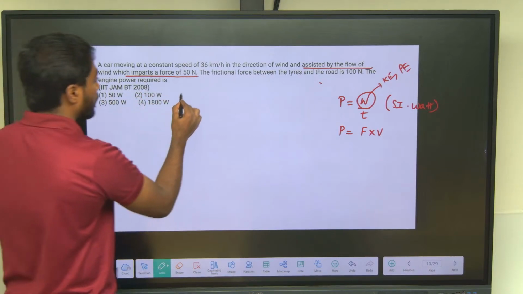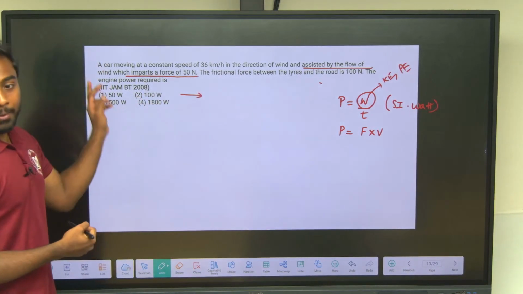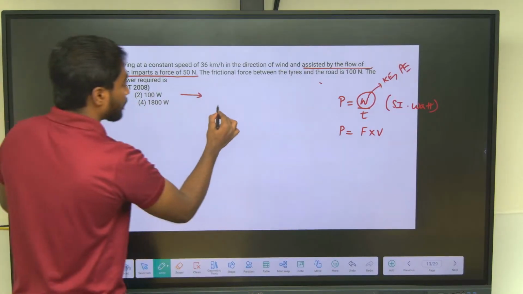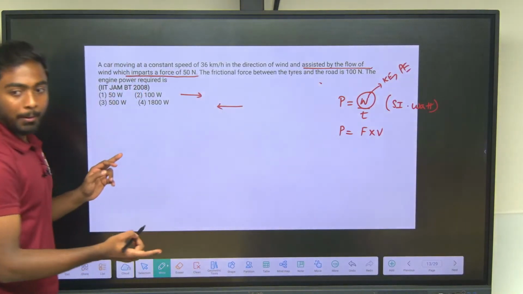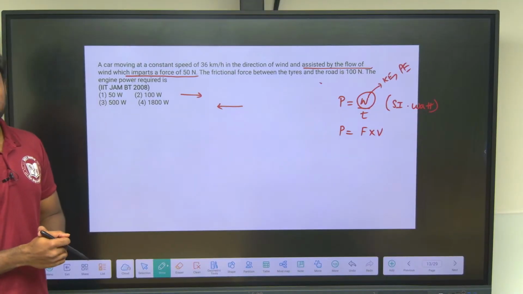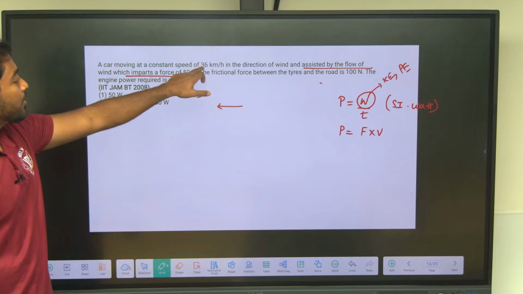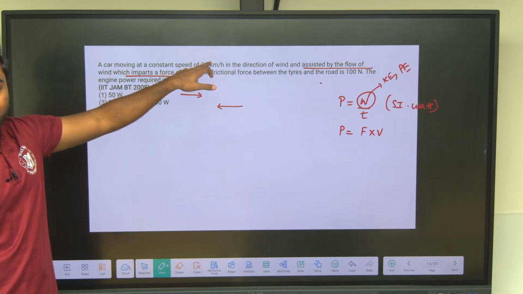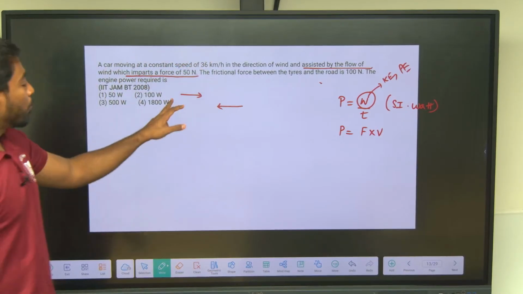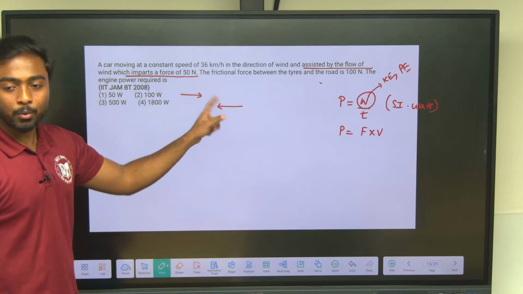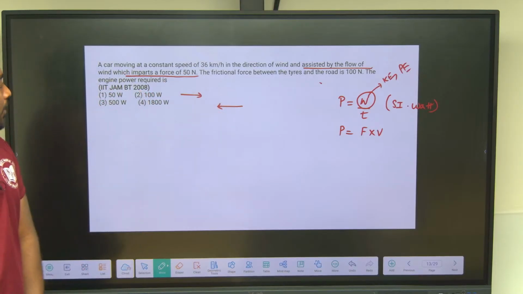So one force they have given is by the wind, and the other force is the frictional force, and one more force is there. What is that? By the car only. Yes, total three things are there. Two things are going in the same direction, one is in the opposing direction. Can you give the answer now for this?